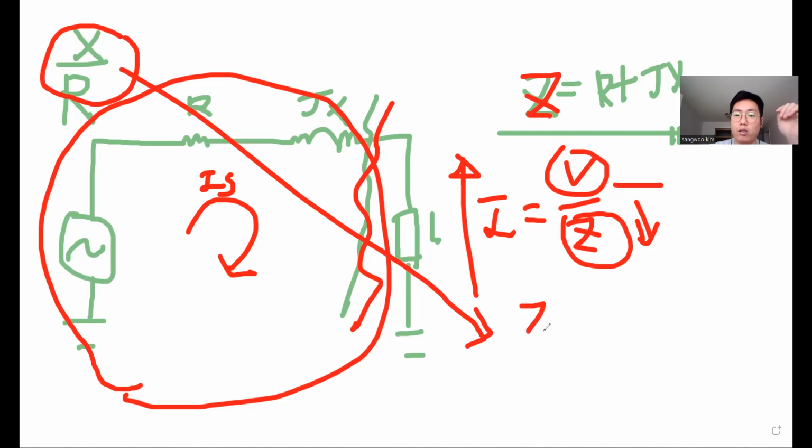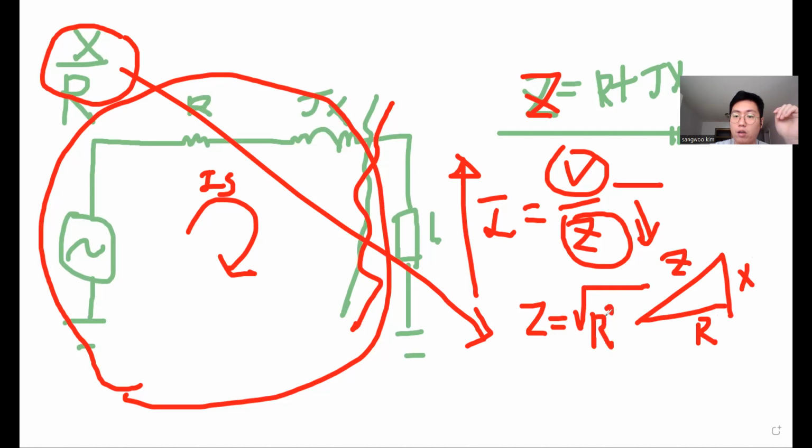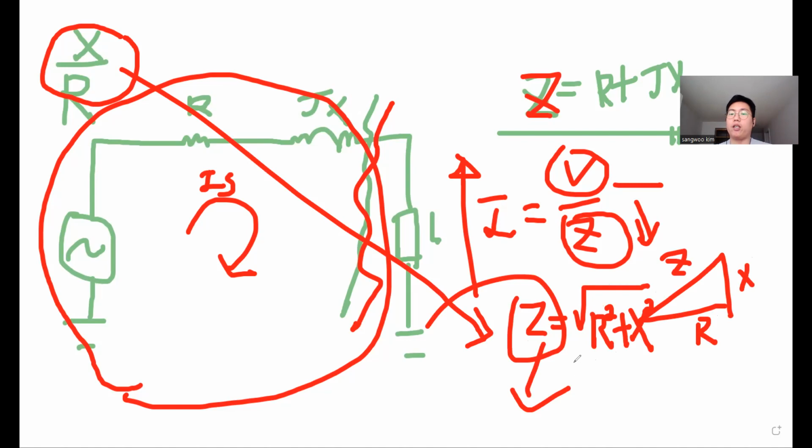As we know, here is the R/X impedance triangle, right? So the impedance magnitude is the square root of R squared plus X squared. So we will compare cases where the impedance magnitude is the same but the ratio is different.